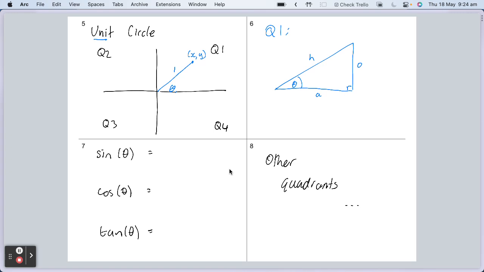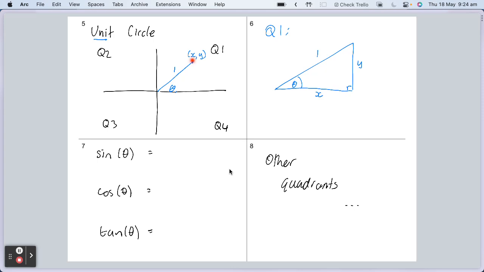If we convert that onto our right angle triangle, we would have a hypotenuse of 1. We would have an opposite side of y, and we would have an adjacent side of length x.